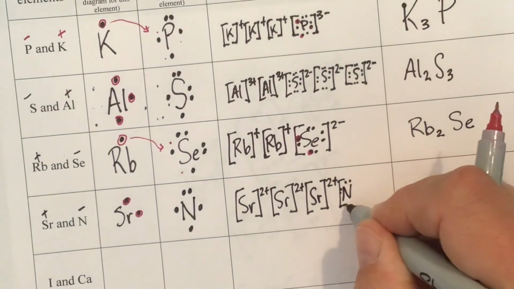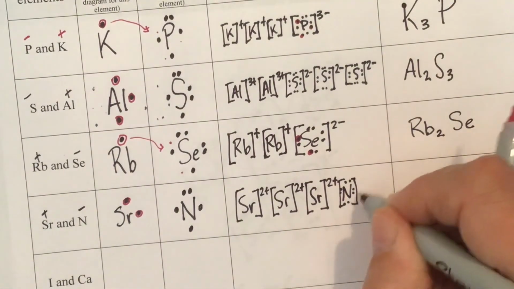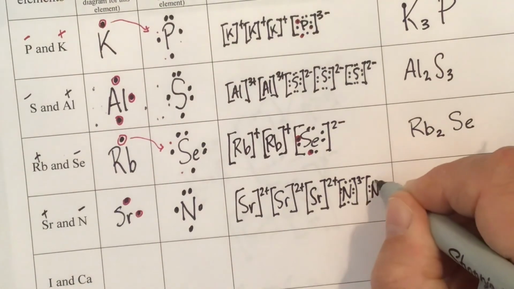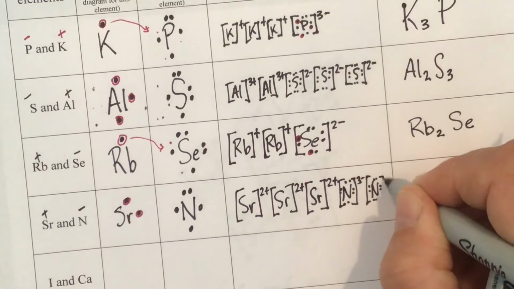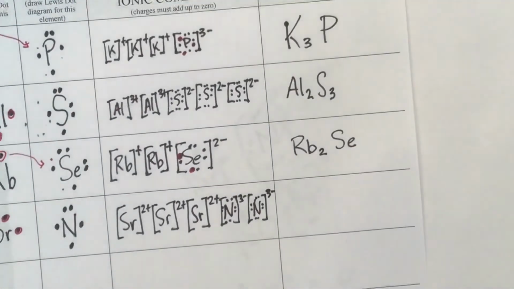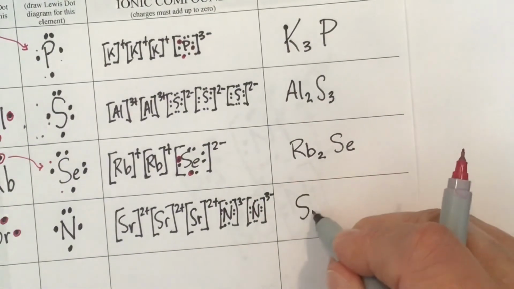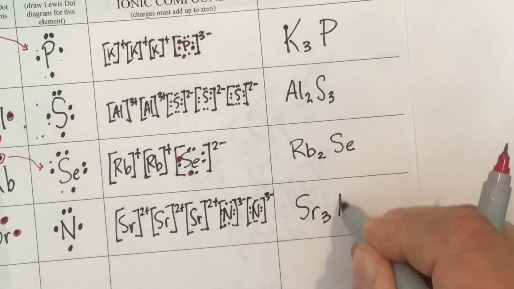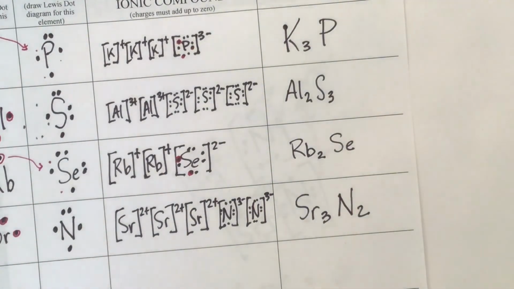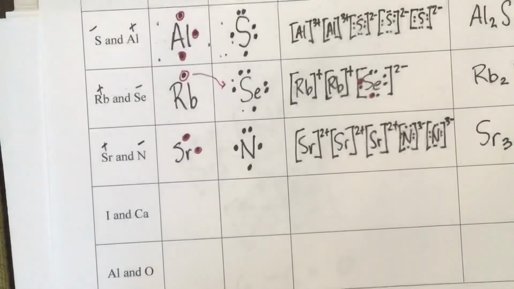Oops, didn't leave room for my electrons there. So our chemical formula is going to be Sr3N2 for strontium nitride.